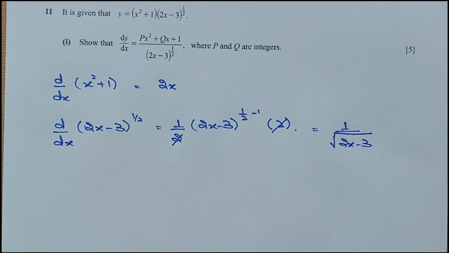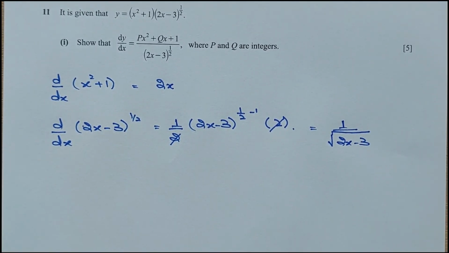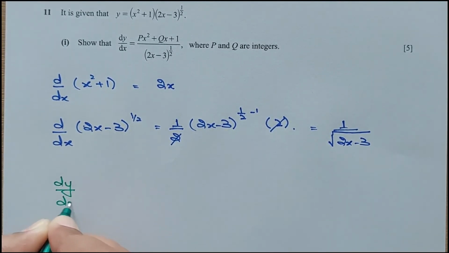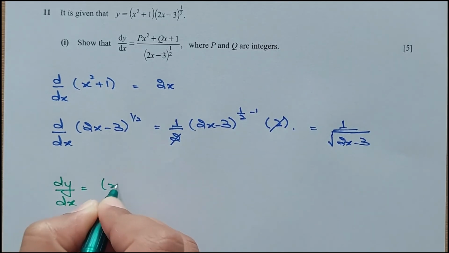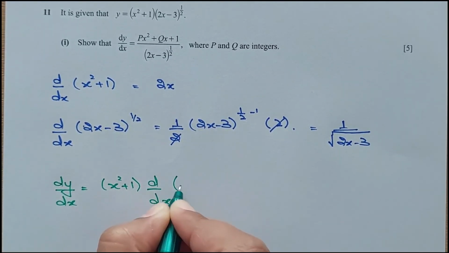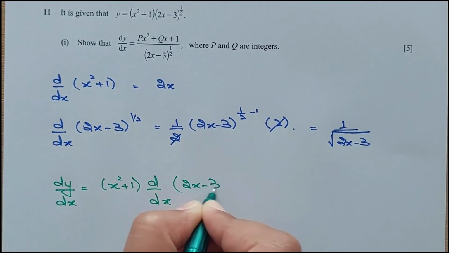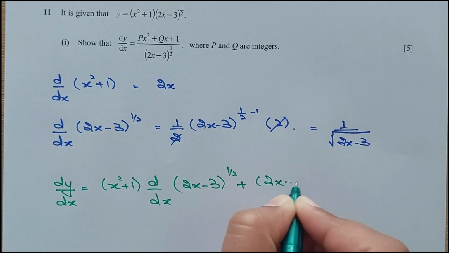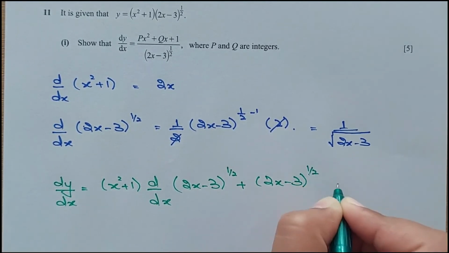Now let me do the derivative, the product rule. So dy over dx is equal to, first function as it is, times the derivative of the second function, d by dx of (2x minus 3) power 1 by 2, plus second function as it is, times the derivative of the first function.